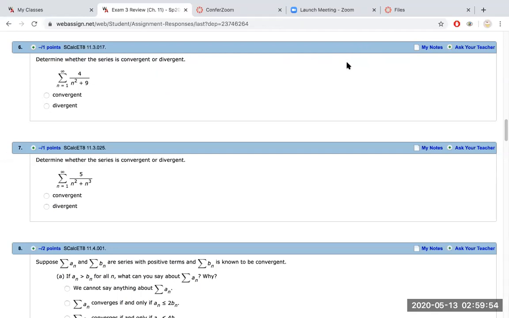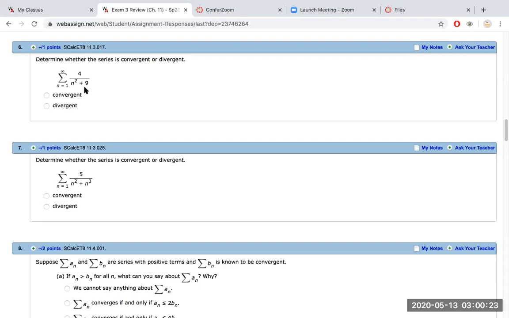Okay, so from 11.3, this is actually the integral test. I do want to cover what you're going to need to write out formally for your show work to make sure that you get this completely right for your exam. So first thing to note is that if you were trying to check the divergence test first, this limit of a sub n here is actually going to be 0, so that doesn't give you any information.